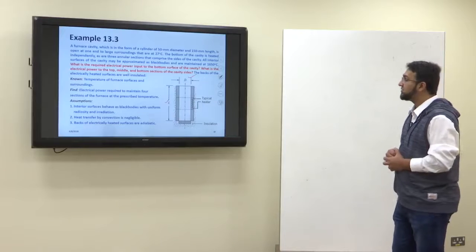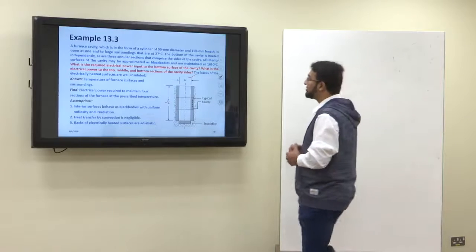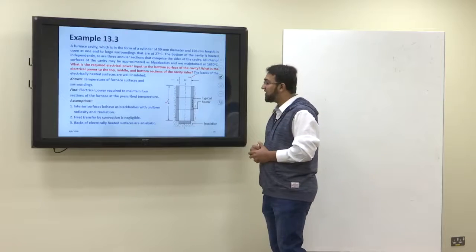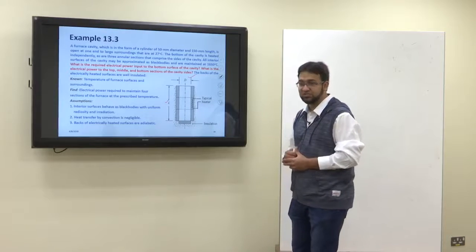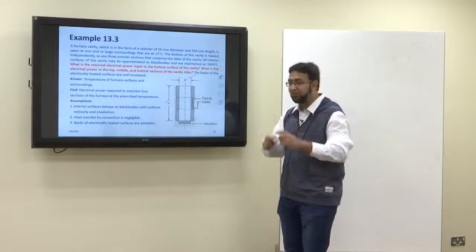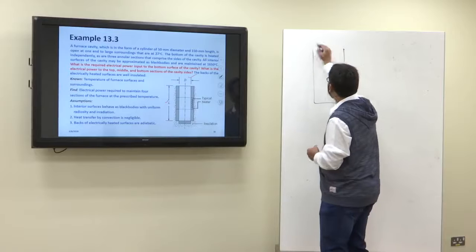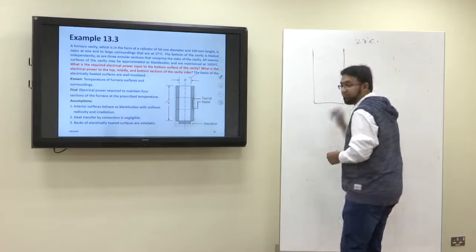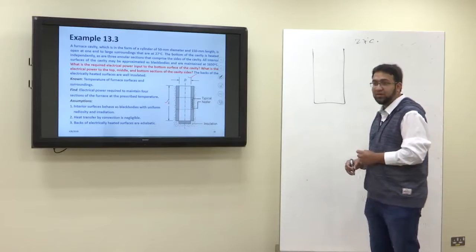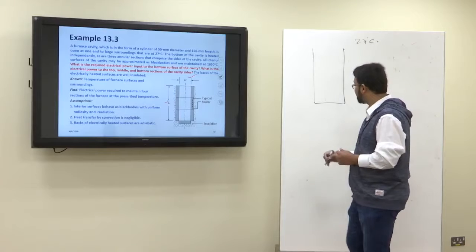All interior surfaces of the cavity may be approximated as black bodies and are maintained at 1650 degrees centigrade. So this is the furnace cylinder, and outside is the surrounding at 27 degrees centigrade.